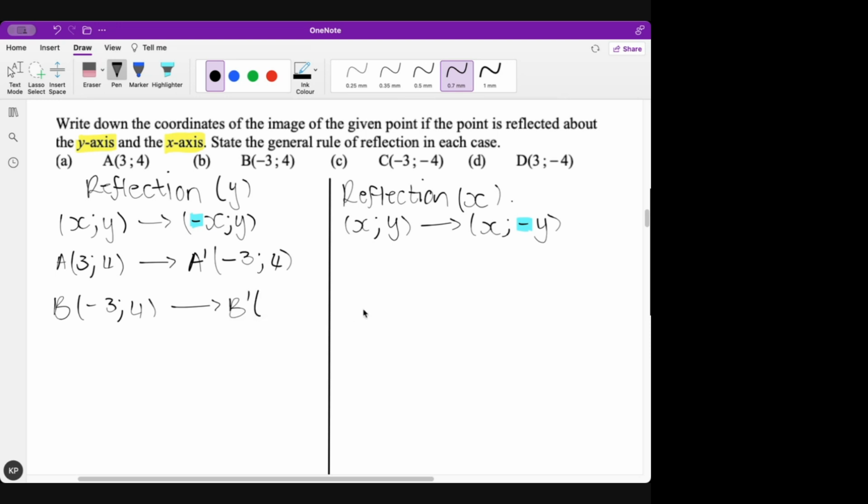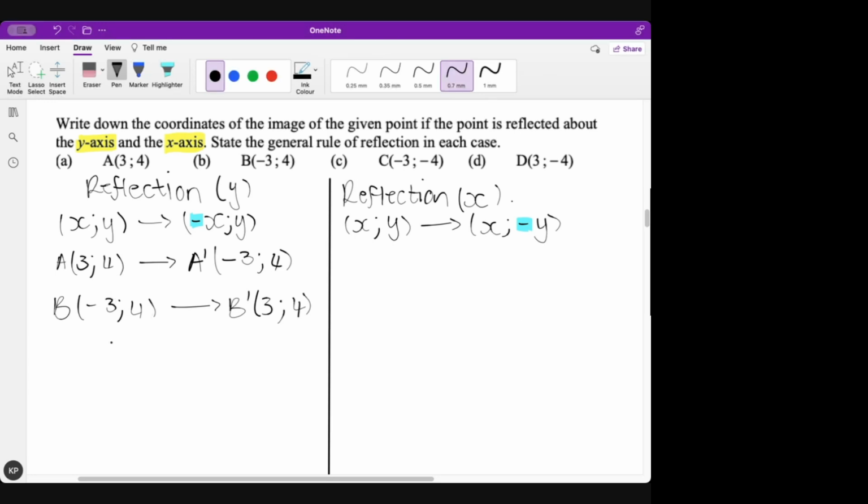What are the new coordinates of B prime if we're reflecting about the y-axis? It will be +3 and +4. Be careful. Only one of them is changing signs, and that is the x coordinate.